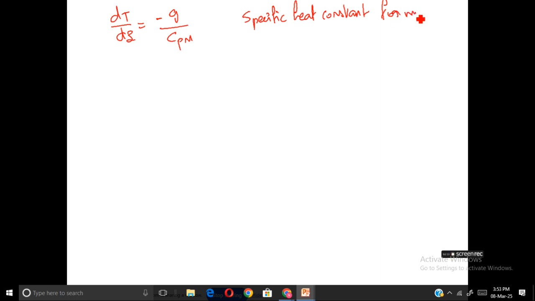Now in case of moisture, dT by dz will become minus g by Cpm, which is the specific heat at constant pressure for moist air.